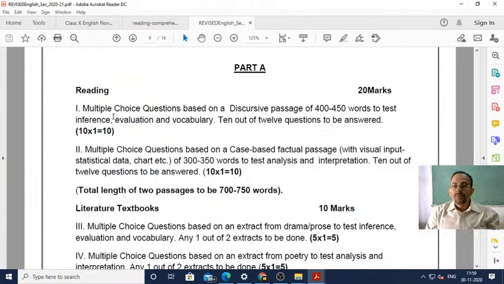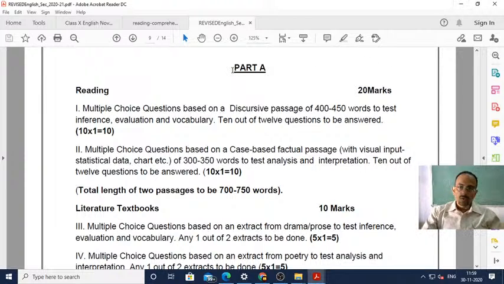Objective type means 1 mark questions. Multiple choice, you must be knowing, are with options. Part B will consist of all the subjective type questions, starting from 2 marks, 3 marks, 4 marks, up to 5 marks.